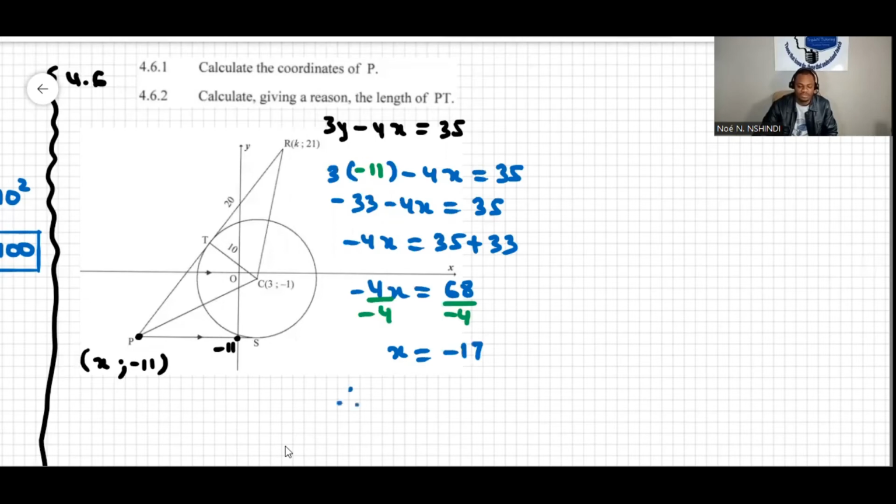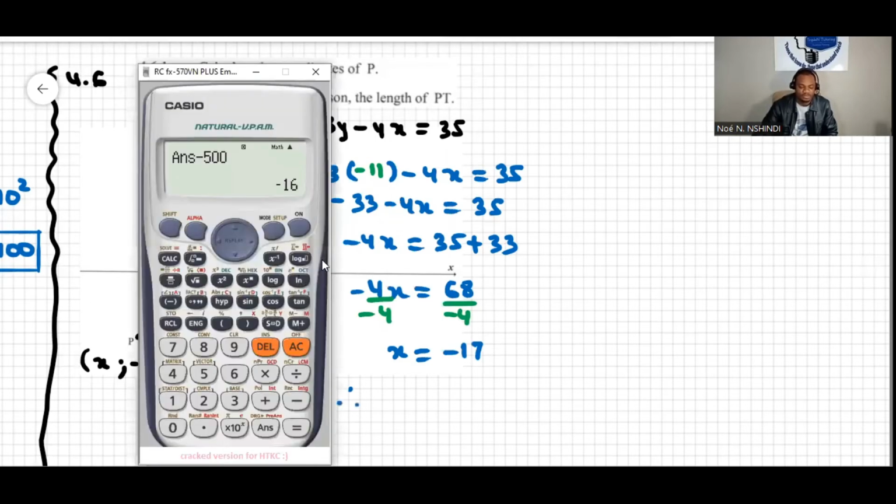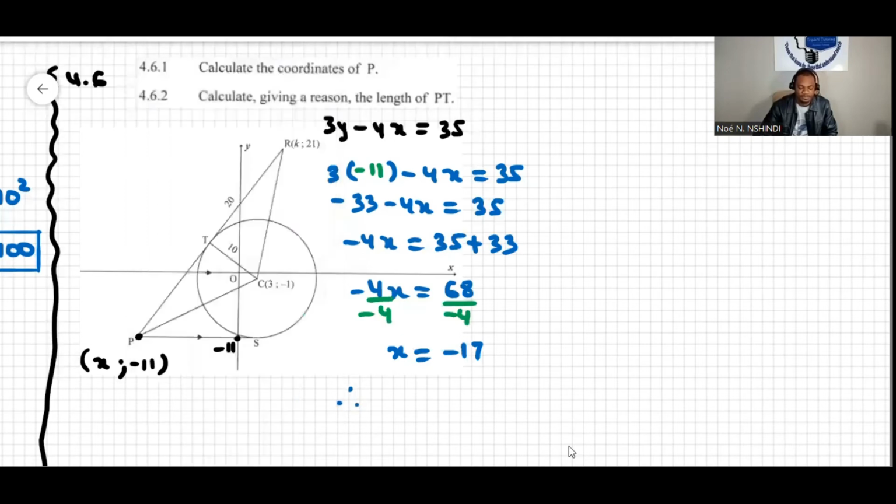We can check the calculator. 68 divided by -4, yes, negative 17. Therefore, the coordinate of P is (-17, -11). Okay, and also calculate, giving a reason, the length PT.